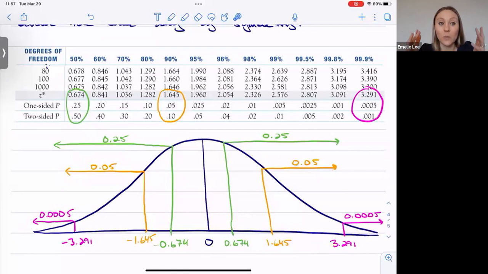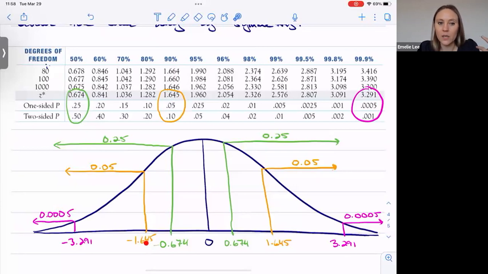Let's go to one that we're more familiar with. 1.645 we said was here. If I have 0.05 in each of the tails, that means I have a total of 0.1 chopped off, which means I have 90% in the middle. And that's why 1.645 is our critical value for Z star if we want a 90% confidence interval.